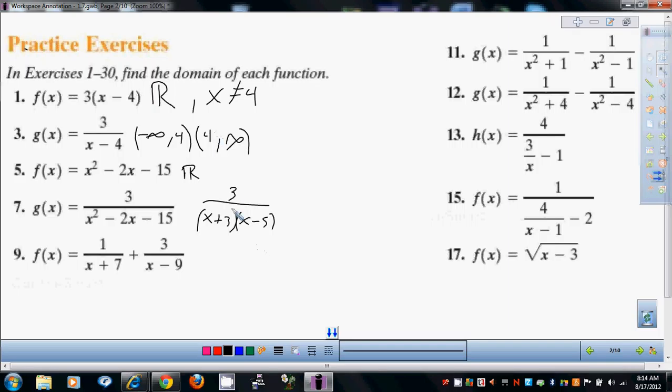Very good. So what two x values can we not have here? Negative 3 and 5. So the domain answer would be negative infinity to negative 3, negative 3 to 5, 5 to infinity. That's showing there's two breaks, one at negative 3, one at positive 5.